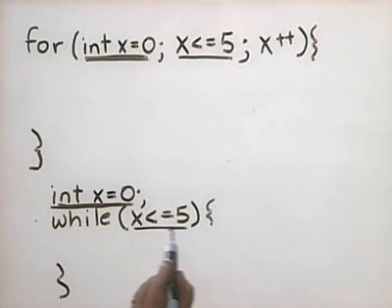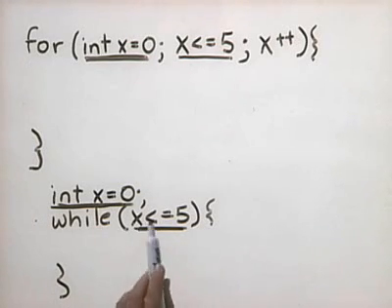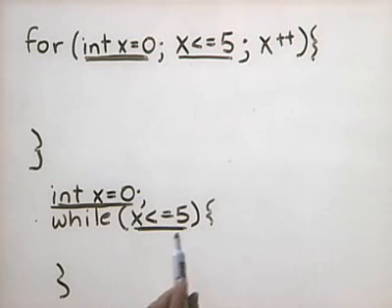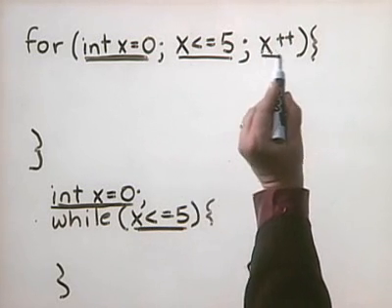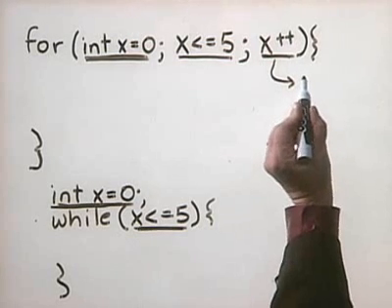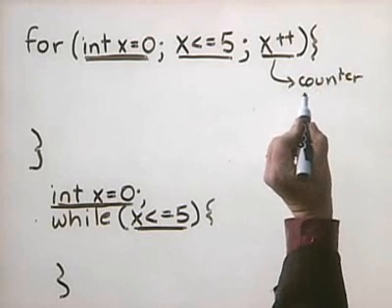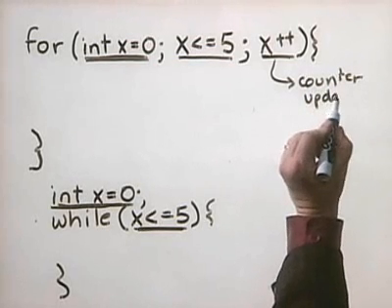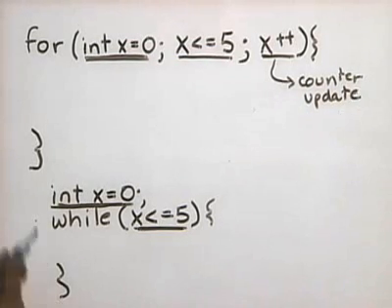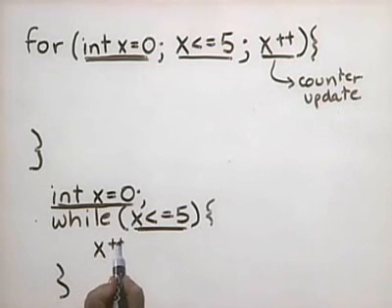That maps directly to the condition that we saw in the while loop. This is really what we were talking about before, and that becomes the counter or the updater. In a while loop, that updater is actually inside the loop.